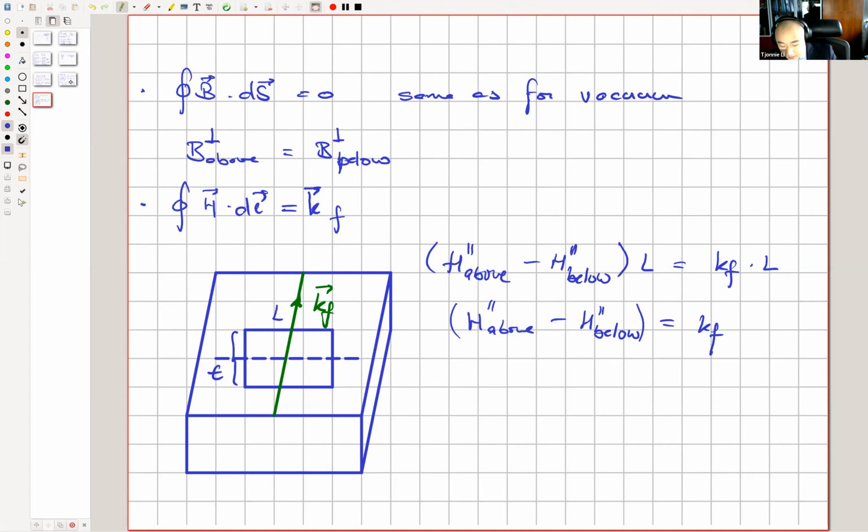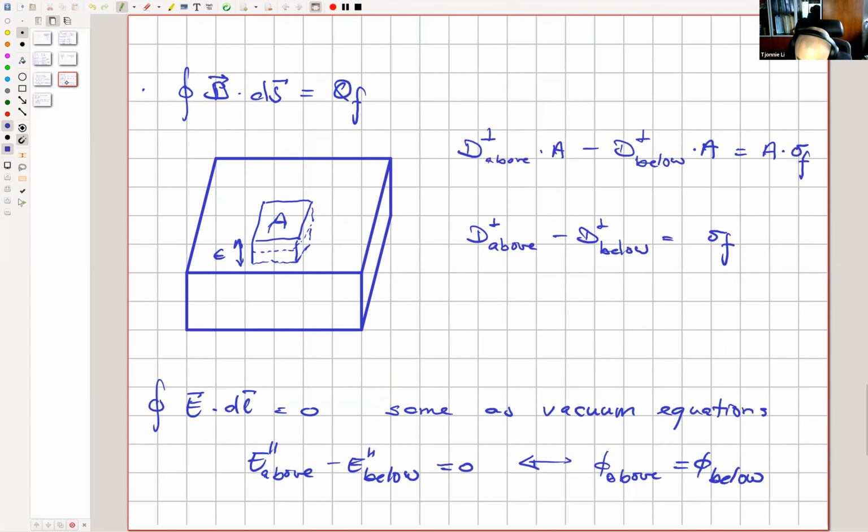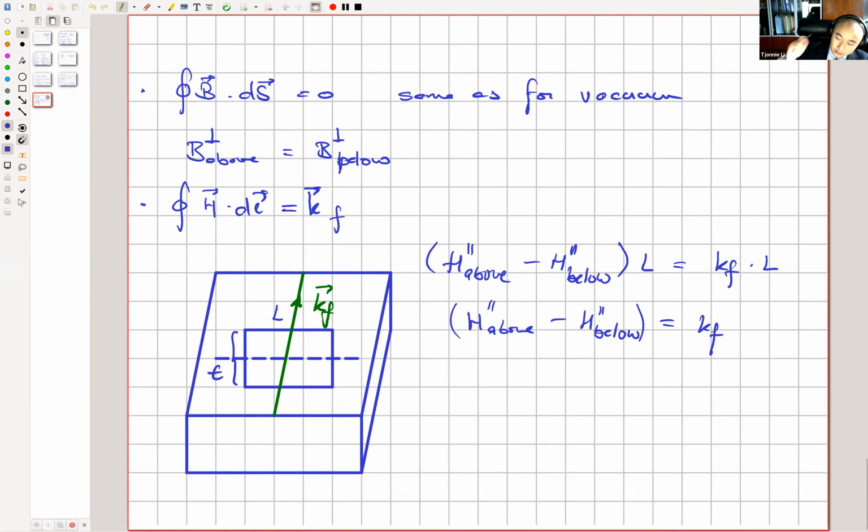Here the perpendicular component of D depends on the free surface charge, and the auxiliary field depends on the free surface current.